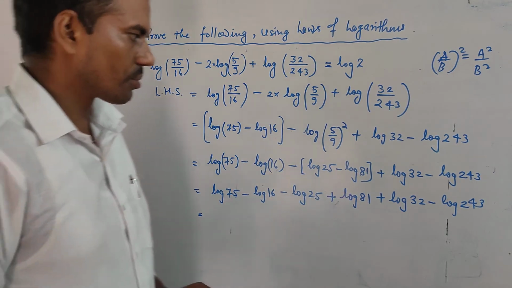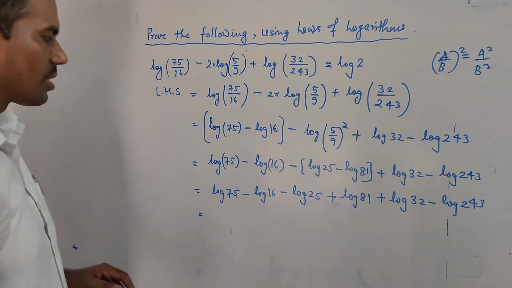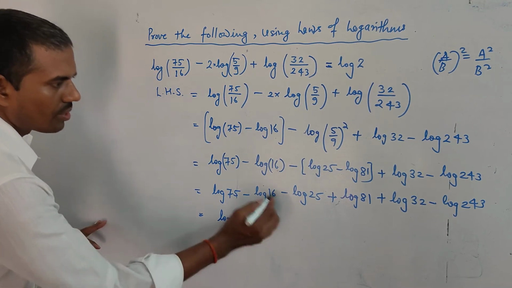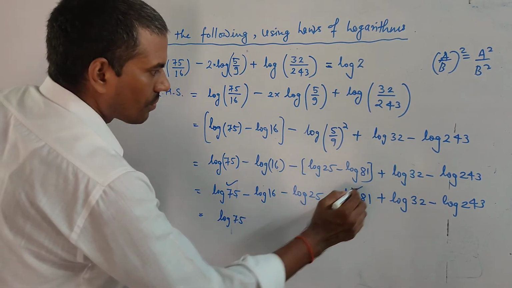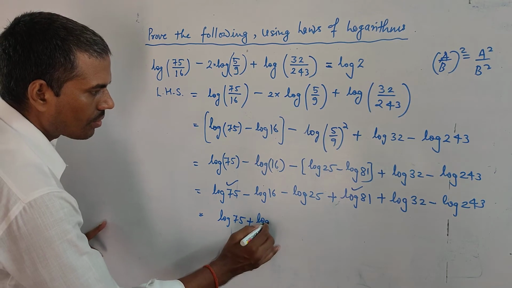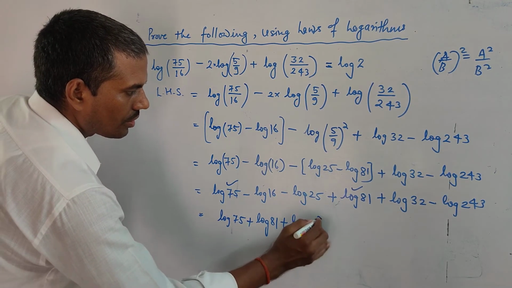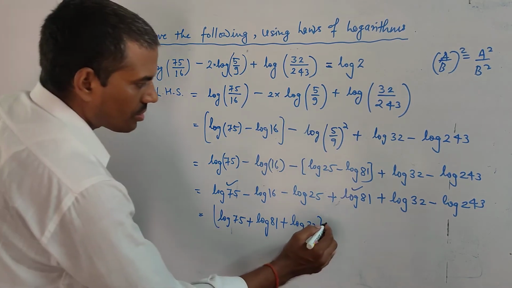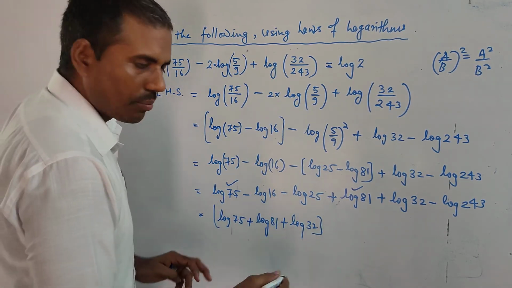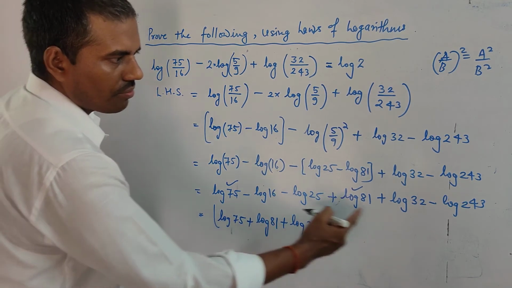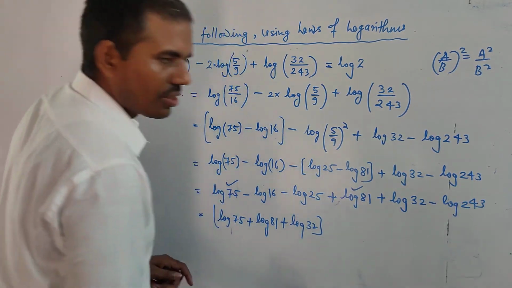Arrange the positive terms and negative terms separately. We get log of 75 plus log of 81 plus log of 32. And the second one is to collect the negative terms: minus log of 16, log of 25, and log of 243.